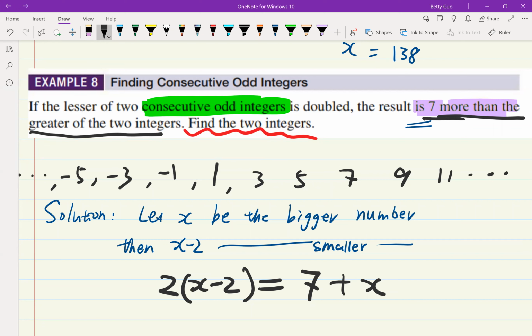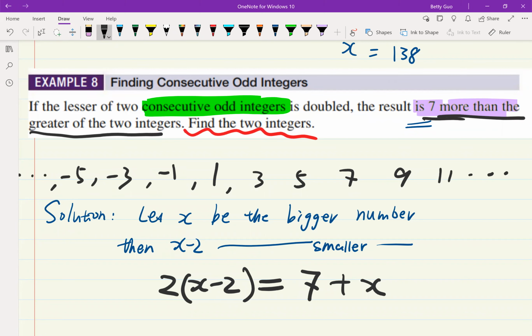Do you see that, Sammy? Ian, do you see that? Angela? Okay, you solve this equation. I'll give you a couple minutes. Please solve this equation. You might have to distribute in this case.